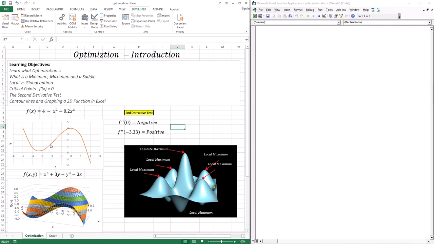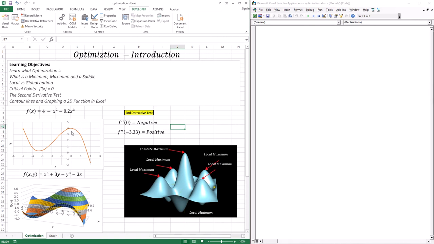Then it goes positive slope, positive slope, positive slope. So there's a positive rate of change in terms of the first derivative. We go from negative slopes to zero, then to positive. So minimums are known to have a positive second derivative. So in this case, the second derivative at that negative 3.33 is positive.